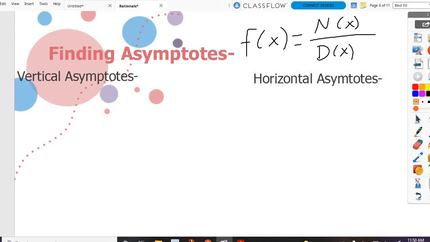Agreed? So how did we find that number from our equation? How did we know that it was 0, that it wasn't allowed to be? Because it was on the bottom. So in general, whatever's in the bottom, so d of x, if I set that equal to 0, that'll give us our vertical asymptotes. You do the top one for horizontal?